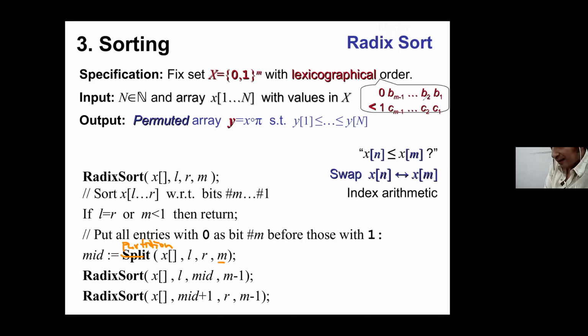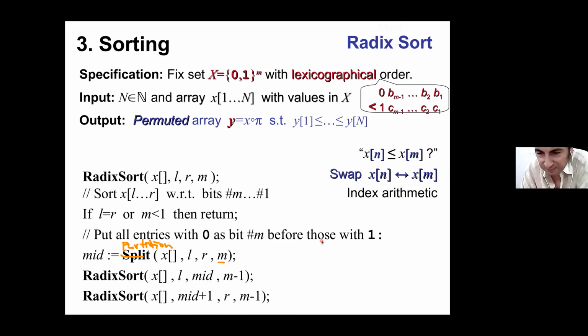This bit has only two values, 0 and 1, and then you do not need the reference element because you can simply say everything which is 0 should go on the left of everything which is 1, and this is what you're doing here. This is not written in pseudocode, but it should not be difficult to make the pseudocode for this partition. The partition simply puts everything which has 0 on the left of everything which has 1.